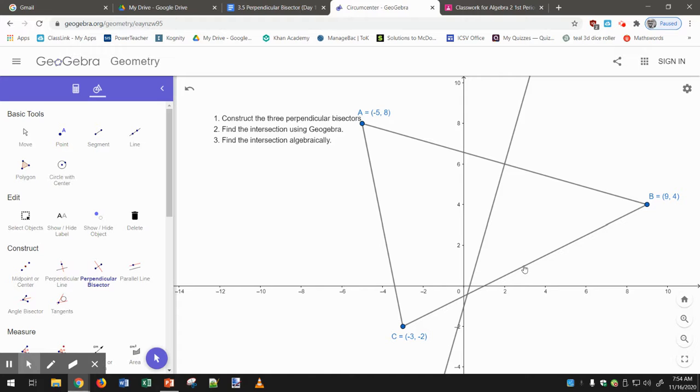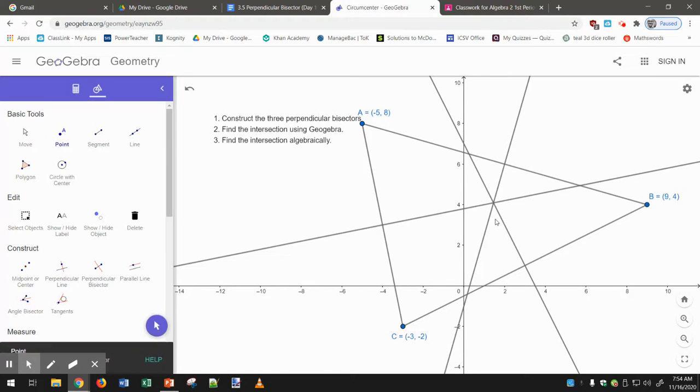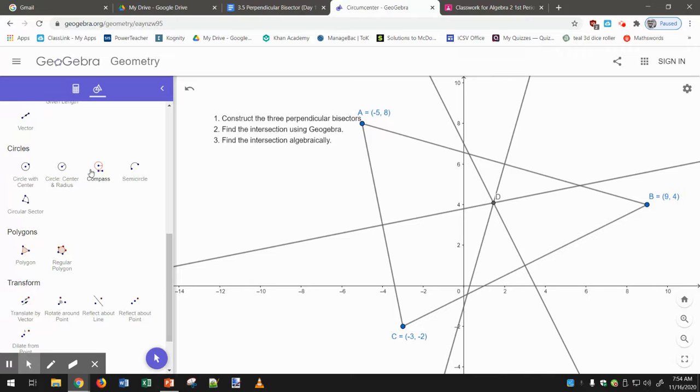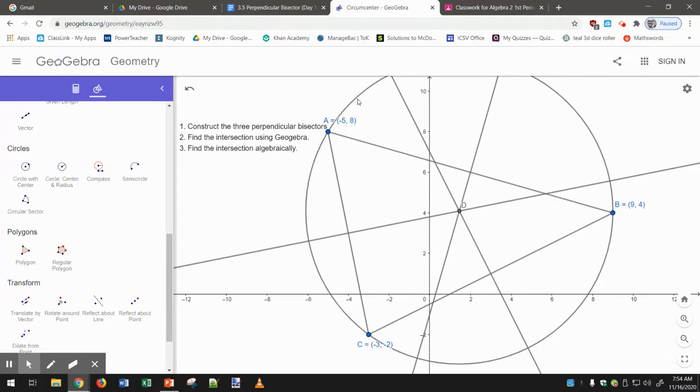if we find the perpendicular bisectors and we see where they cross, that is called the circumcenter, which if I take my compass tool and I click here, you can see that this is called the circumscribed circle.